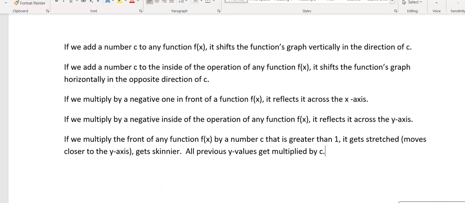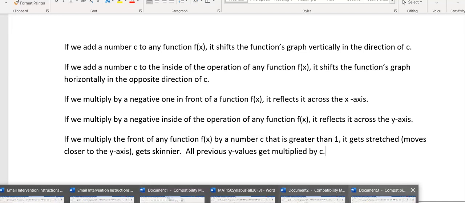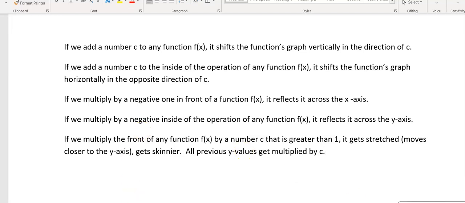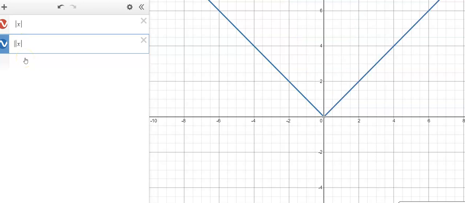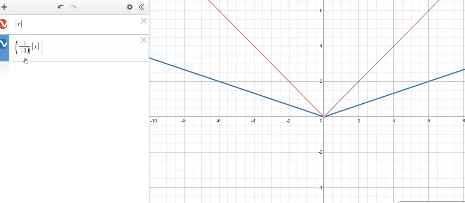Okay, so let's note what happens if, you notice I said that c had to be a number greater than 1. What happens if c is not a number greater than 1? What if it's a fraction? Well, let's go back to our lovely absolute value. And let's, instead of multiplying by 3, let's multiply it by a third, by a fraction.